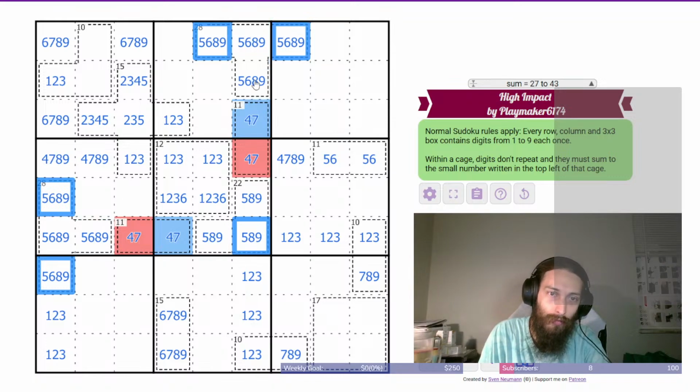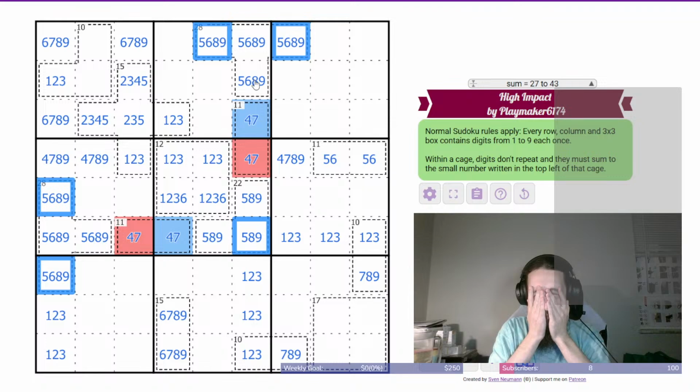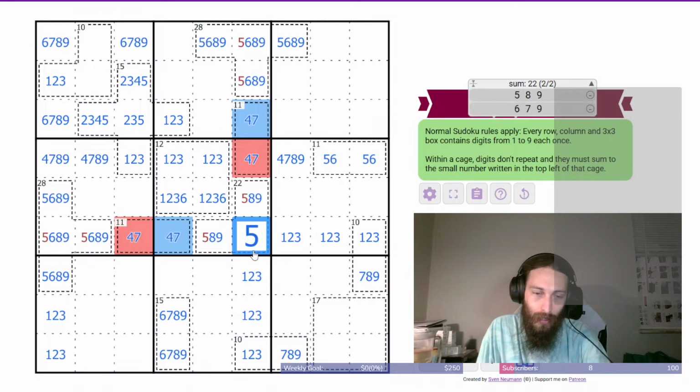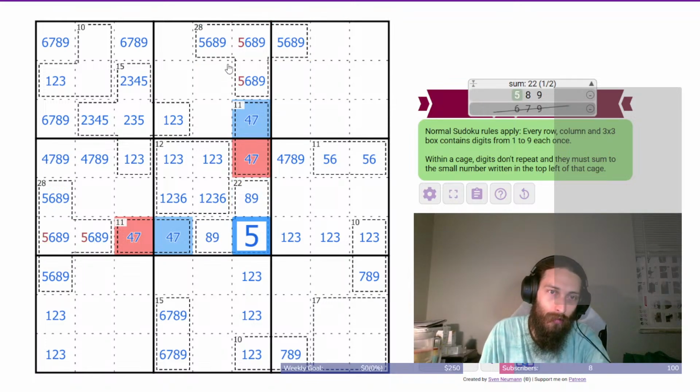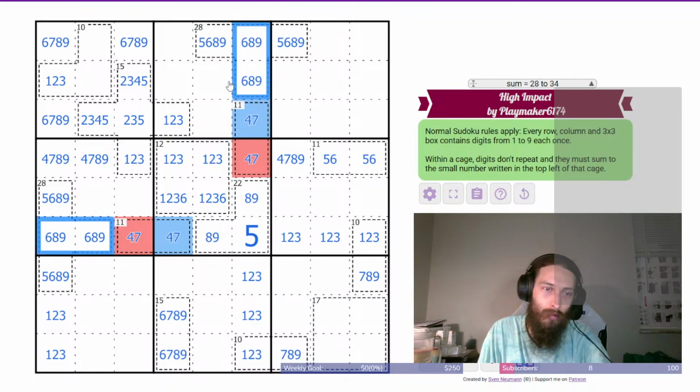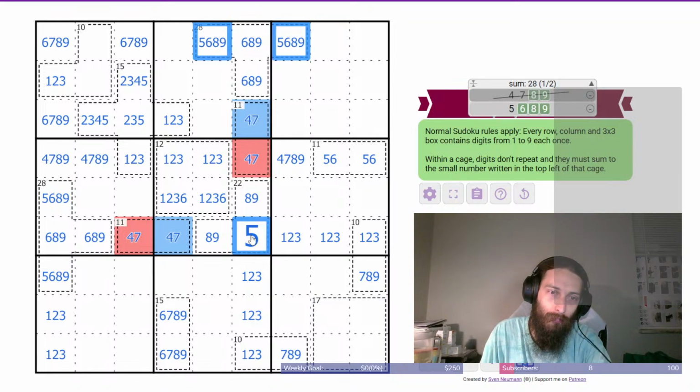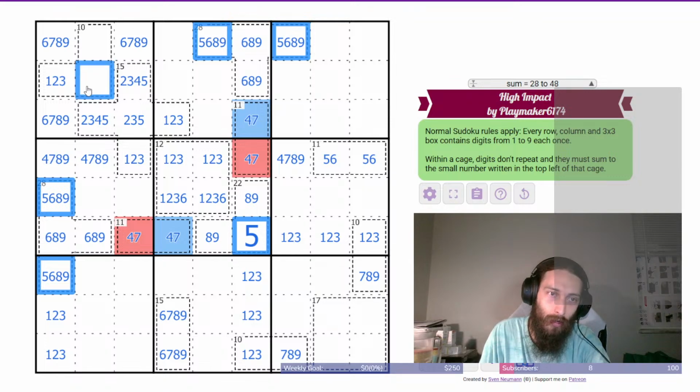It would rule itself out of these two. It's still a 5, for the same reason that I couldn't put an 8 in the 11 cages, because that would force 8s into the 28s in the same way. And the way it would force 8 or 9 to be in the 10 here.